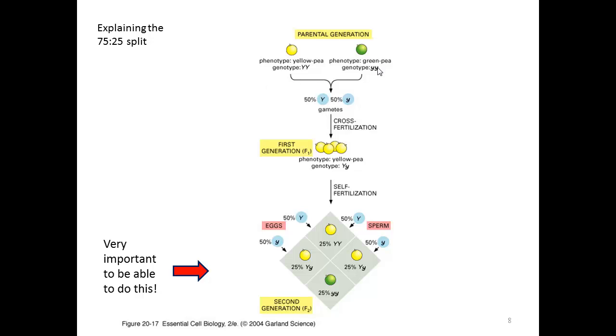Since we've mentioned that green is the recessive color, the only way you're going to get a green plant is if you have 2 copies of the recessive allele, so little y, little y. I'll also say that the letter chosen for a gene is completely arbitrary. You could be using big T and little t. It's just somewhat convenient to use Y because the dominant color happens to be yellow.